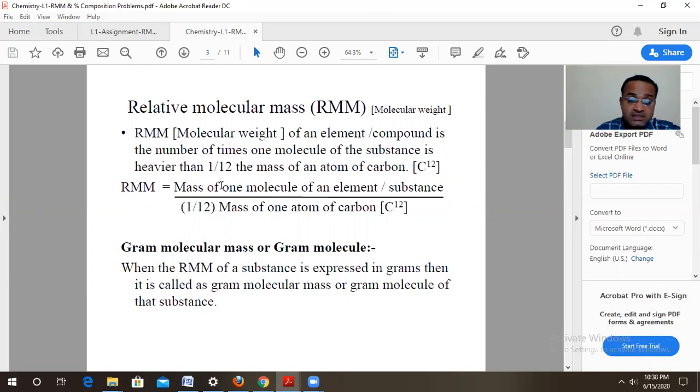Therefore relative molecular mass is equal to the mass of one molecule of an element, or you can call it one molecule of a substance, divided by 1/12 the mass of one atom of carbon. When the relative molecular mass of a substance is expressed in grams, then it is called gram molecular mass or gram molecule of that substance.